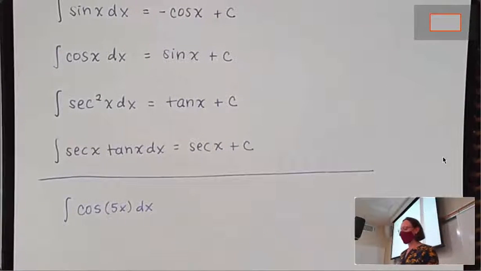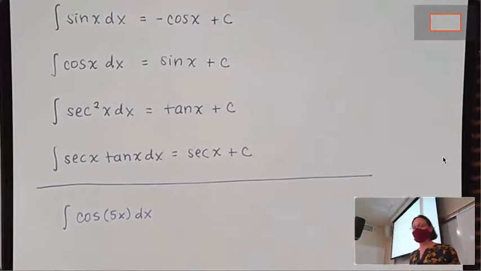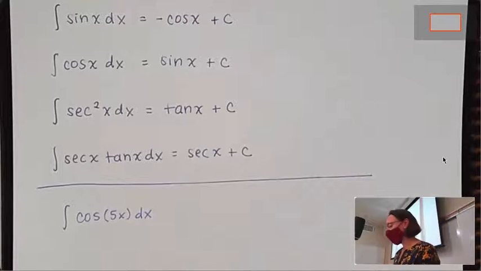I think this is one that we want to get to a point where we can just write down and see it. So my first step here is to think, whose derivative is equal to cosine? It's going to be sine.